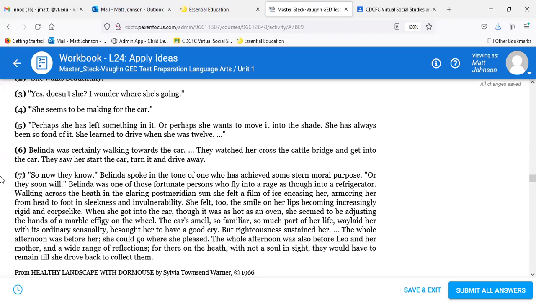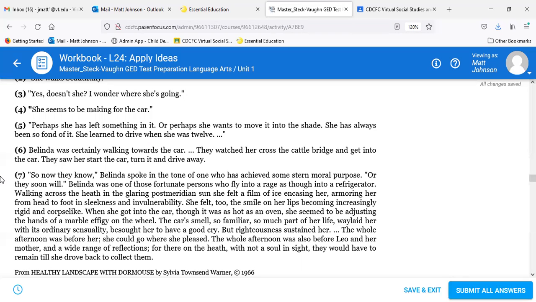So now they know. Belinda spoke in the tone of one who has achieved some stern moral purpose, or they soon will. Belinda was one of those fortunate persons who fly into rage as though into a refrigerator. Walking across the heath in the glaring post-meridian sun, she felt the film of ice encasing her, armoring her from head to toe in sleekness and invulnerability.